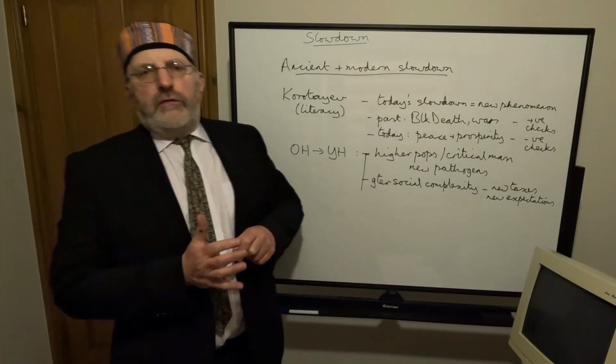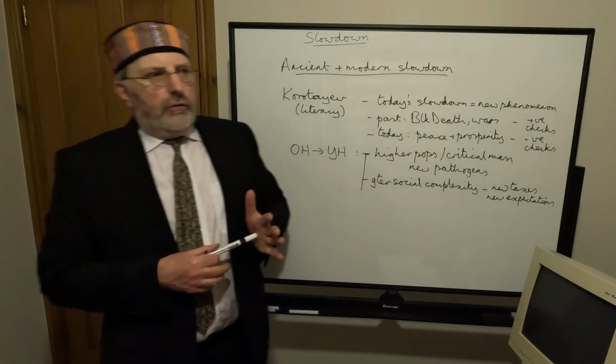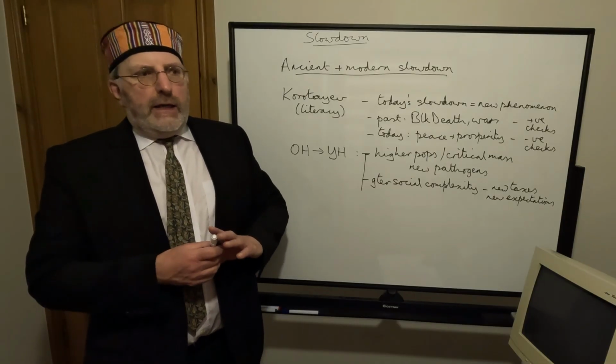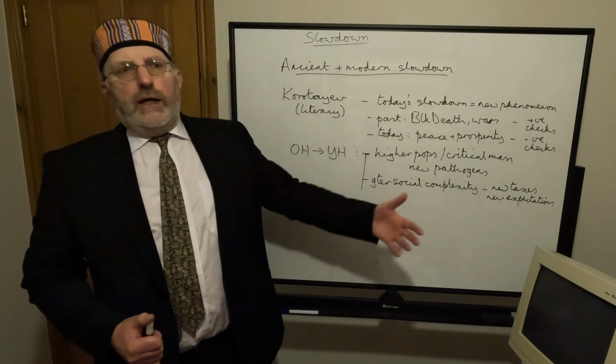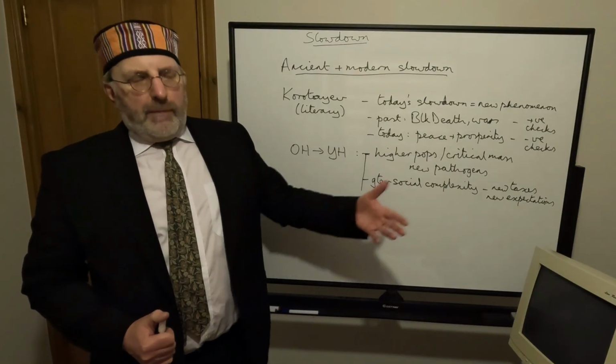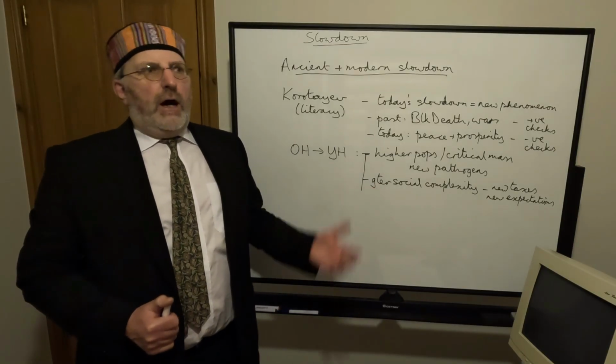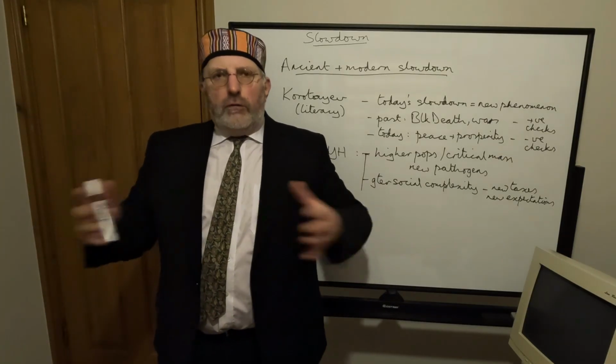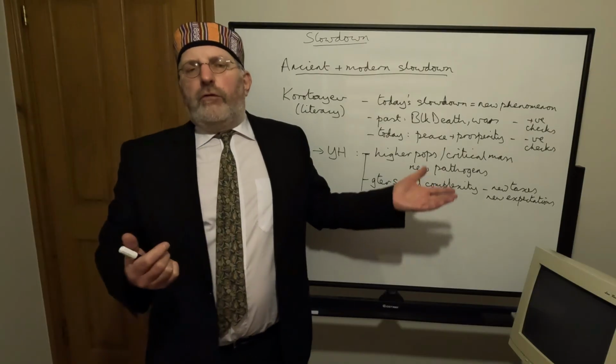The Roman statesman Seneca, in one of his letters, talks about how he visited the country estate of Scipio, who defeated the Carthaginians, and how he's looking around, just as today we might visit a stately home.